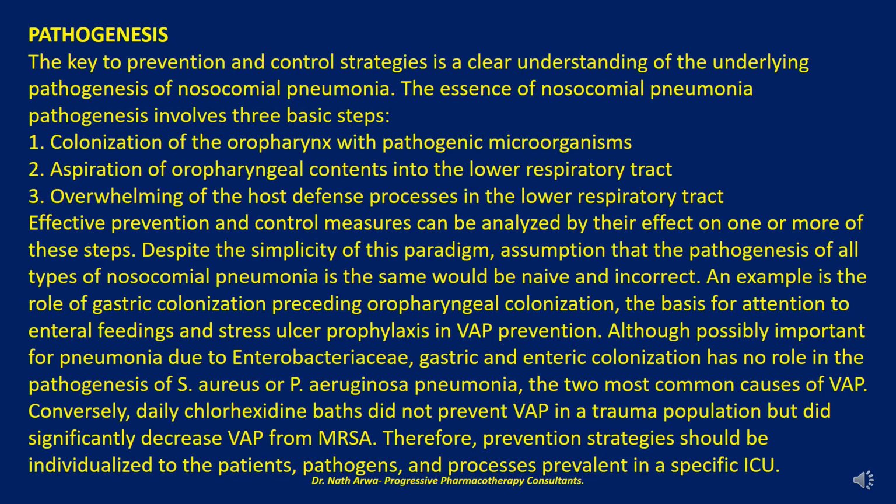Although possibly important for pneumonia due to Enterobacteriaceae, gastric and enteric colonization has no role in the pathogenesis of Staphylococcus aureus or Pseudomonas aeruginosa pneumonia, the two most common causes of ventilator-associated pneumonia.